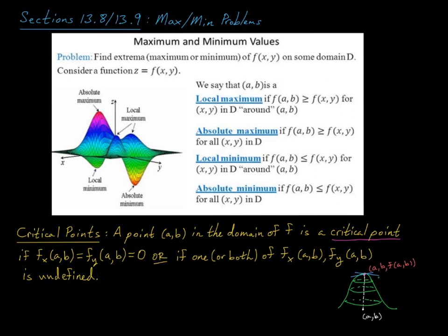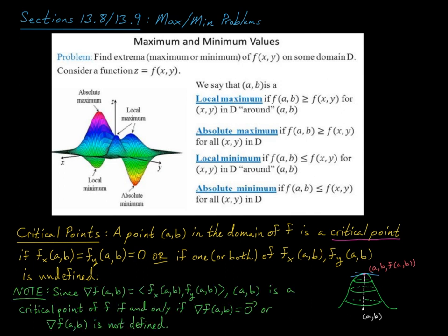Now one thing to note here, let's say we're at a peak on our surface. We have a local max right here. Well, since we're at this flat spot, the slope of our surface in the positive x and in the positive y directions is 0. So that would be an illustration of this first condition here.